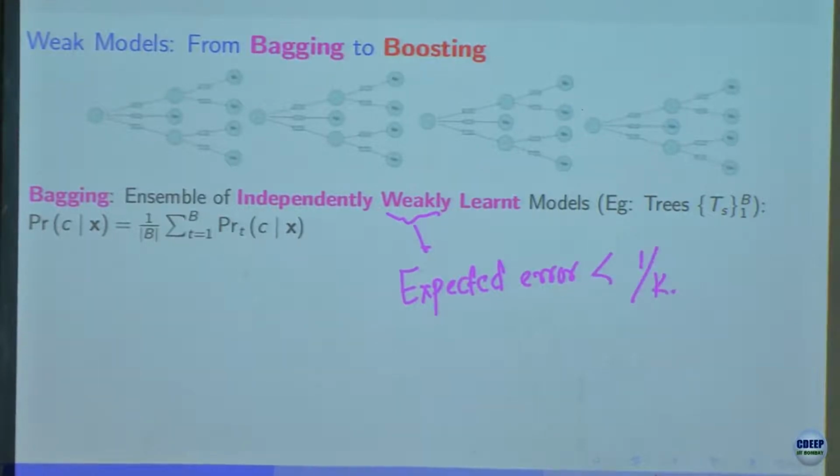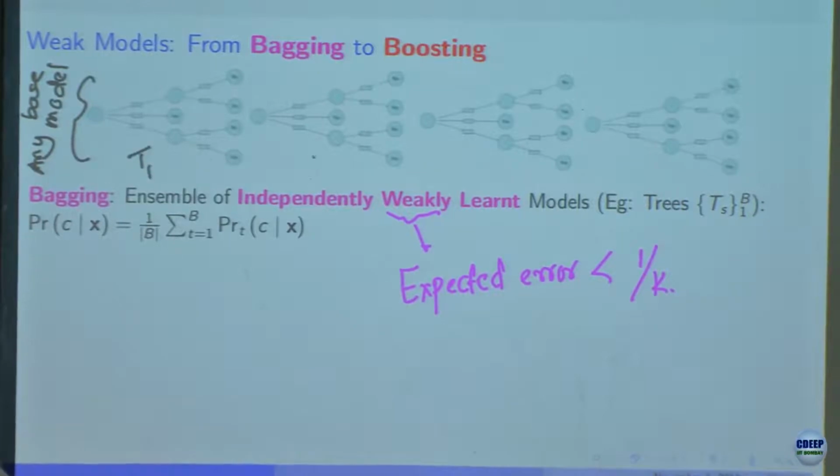So bagging was just an ensemble of these independent models, and I have shown decision trees here. We will discuss that, but it could be perceptrons. Okay, this is basically model 1, model 2 and so on.